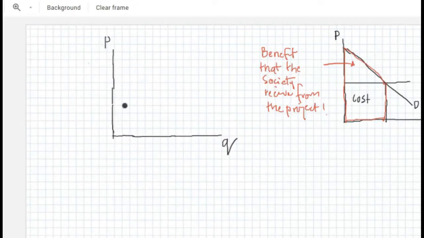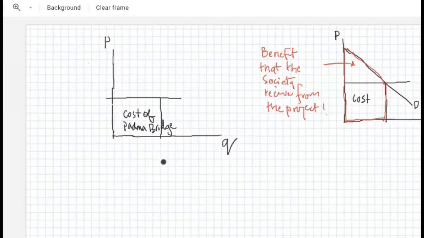So when I'm looking into this and I'm saying, look, I want to make Padma bridge and this is the cost of Padma bridge. So how will you find out, do the cost benefit analysis? What do I need? The demand function. Now realize that we actually need a demand function.